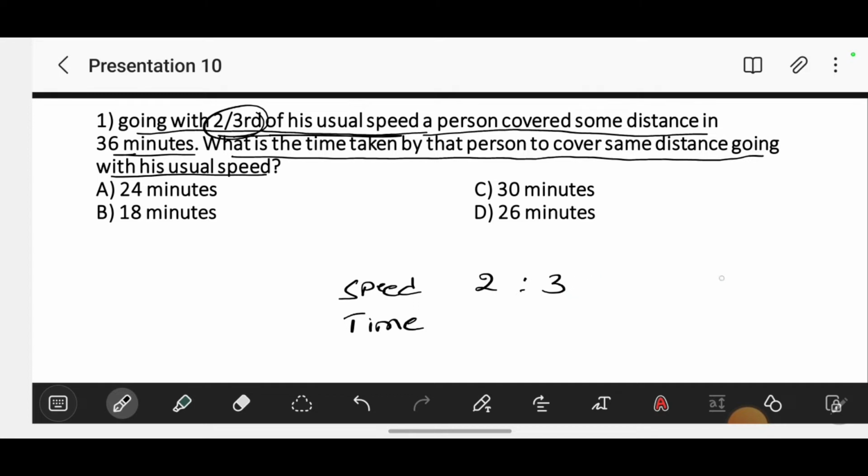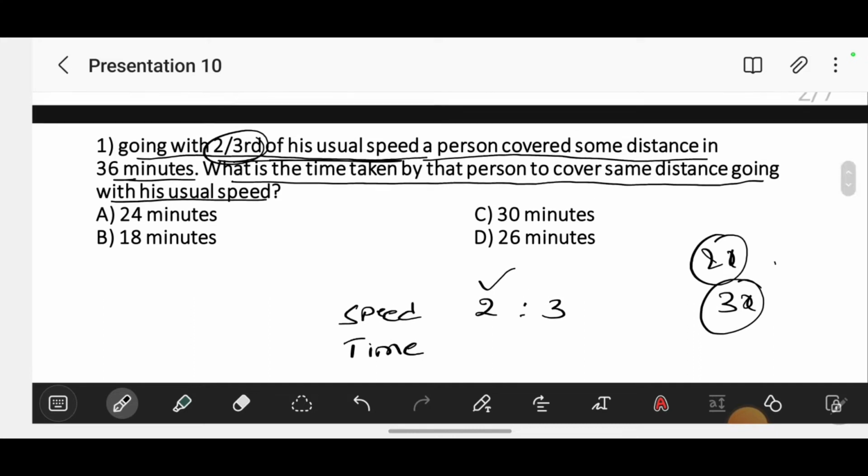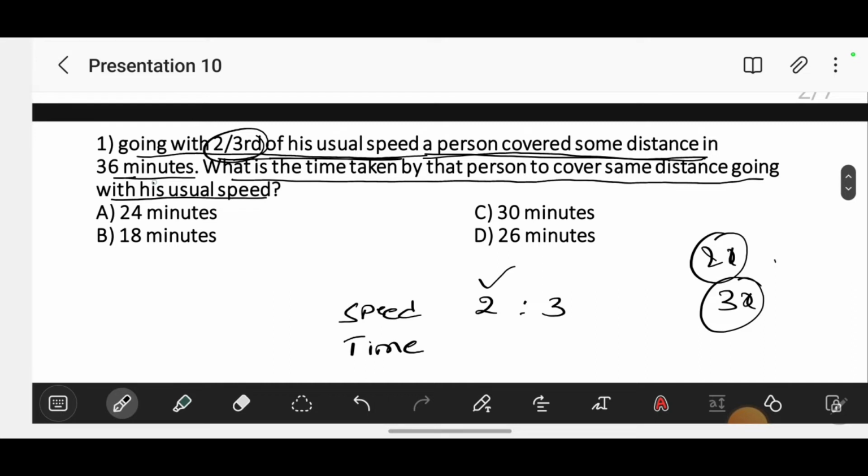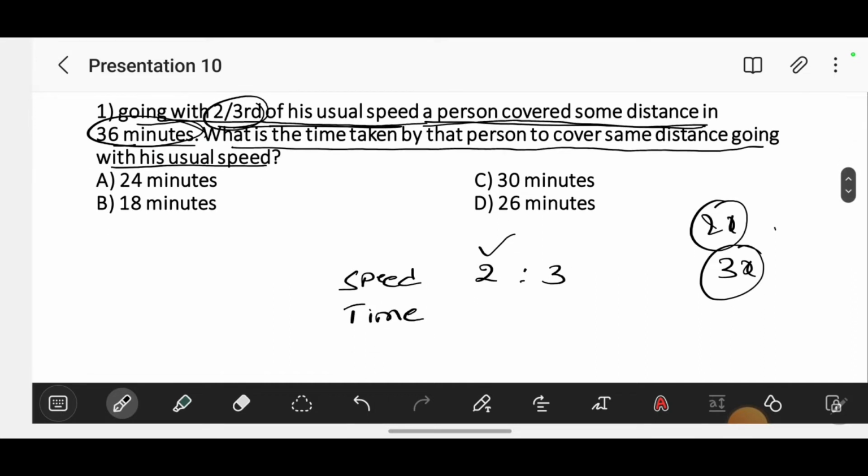That means his usual speed is suppose 3x, and he is going with 2x, which is 2 by 3rd of his usual speed. Then the person covered some distance in 36 minutes. If speed is 2 is to 3, then, as speed is inversely proportional to time, time becomes 3 is to 2.